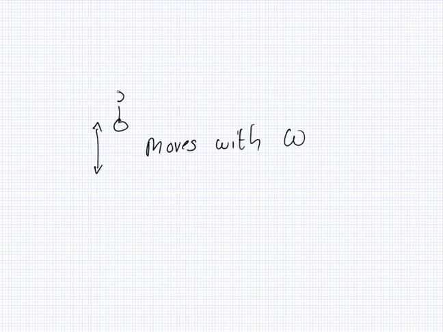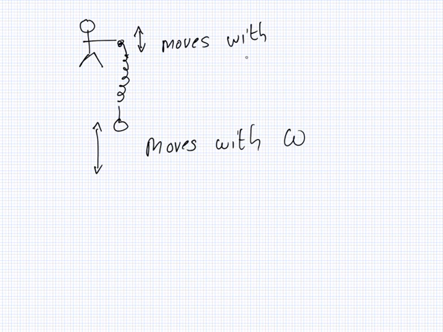So in your mind, you have this here which moves with, I'll say, omega 1. So here's our spring moving up and down. And then here's the person, and they're moving their hand up and down, and let's say they move with omega 2.